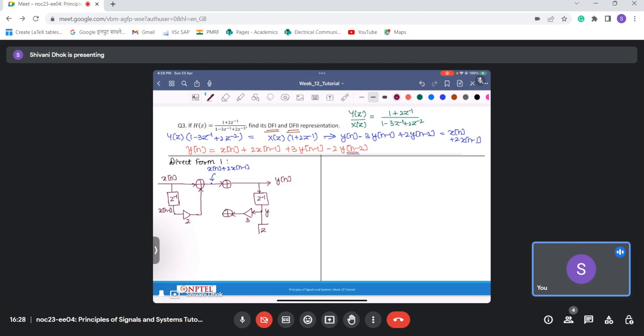So here I have y[n minus 1], and when delayed by one more unit it gives me y[n minus 2]. This y[n minus 2] is scaled by minus 2, and this gets added here.